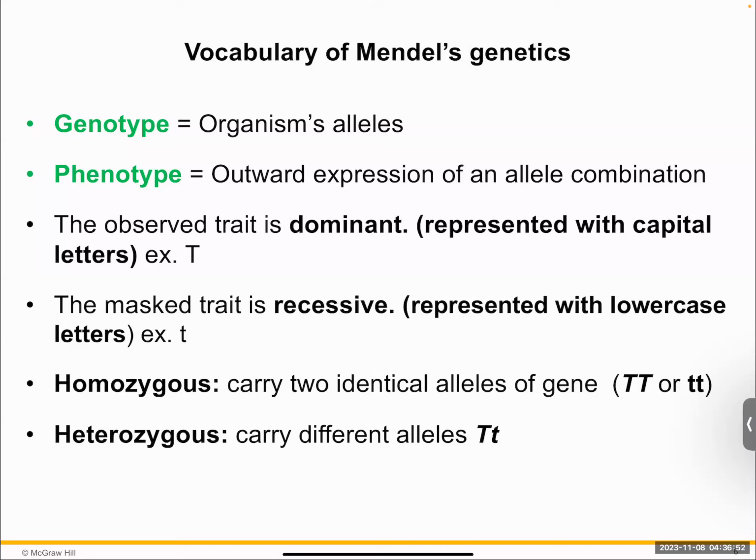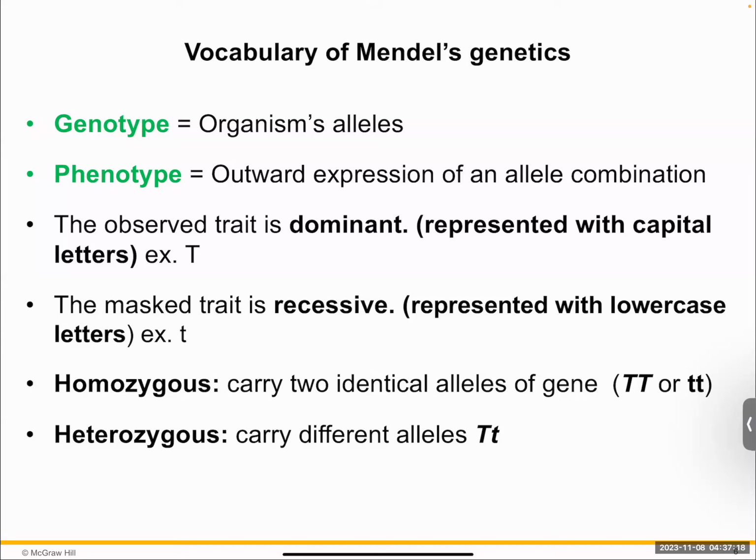Now, if you observe a trait, again things like a widow's peak, darker skin tone, having brown eyes versus blue eyes, or examples from the pea plants that Mendel used, having green versus yellow, the trait that is going to be represented will be identified as your dominant trait.